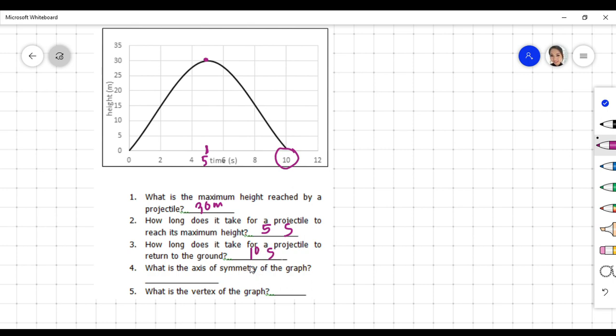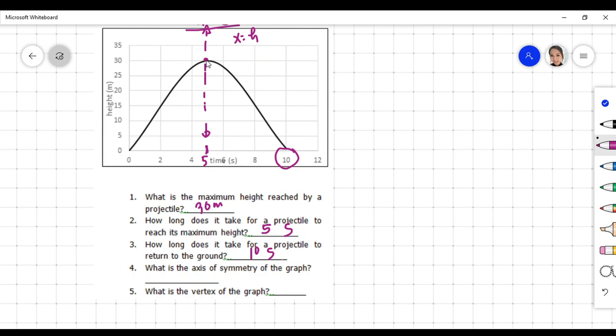What is the axis of symmetry of the graph? So remember that the axis of symmetry is a line passing through our vertex. So this line is x equals h, and what is our h?